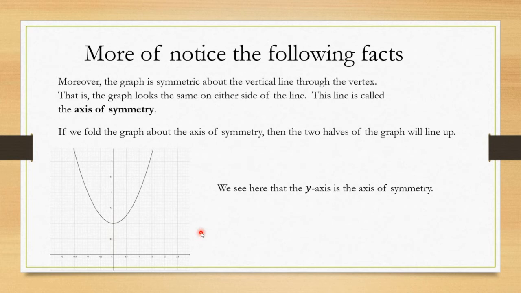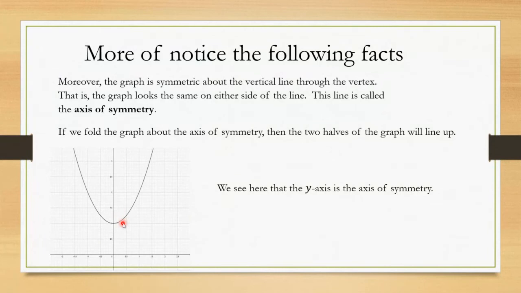So if you were to imagine folding the graph about the axis of symmetry, both halves of the graph would line up. Good. But that's what the axis of symmetry is.